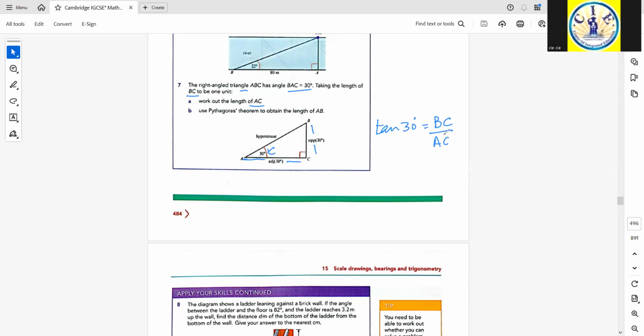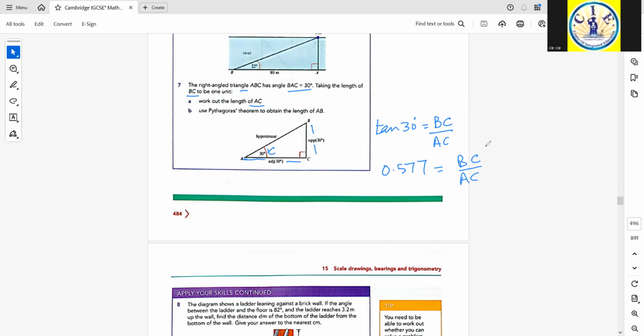From our calculator, we can find out that tangent 30 is 0.577. So BC side divided by AC side.